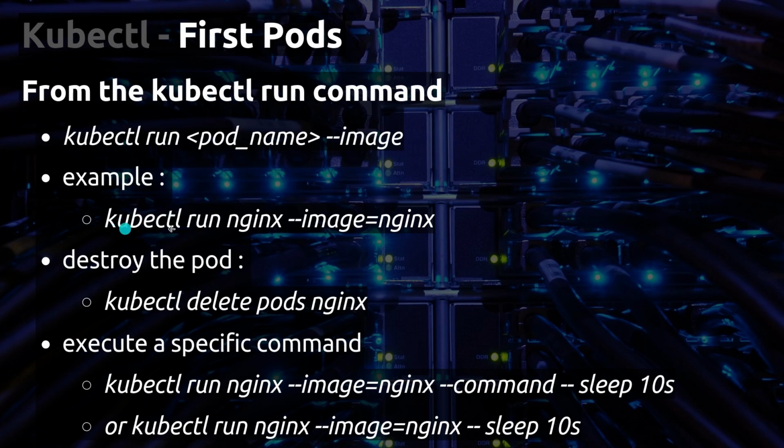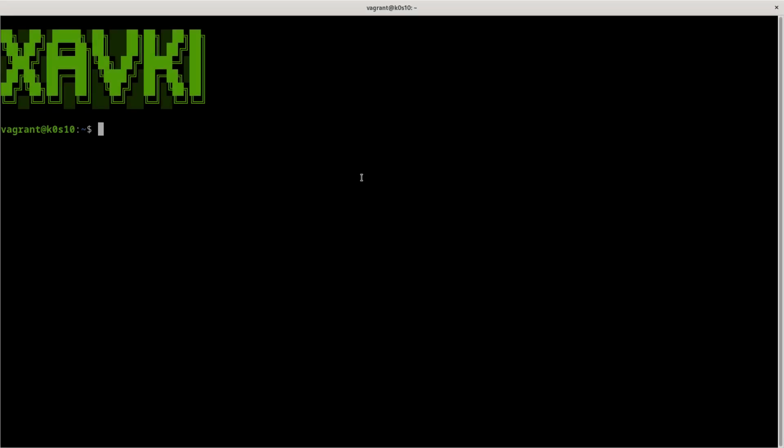For example, you can see here kubectl run nginx to name the pod nginx, --image=nginx to launch a pod into our Kubernetes cluster. So we can do it directly.